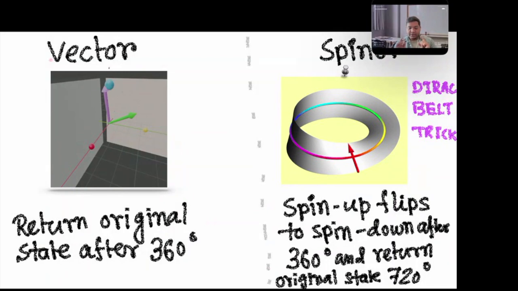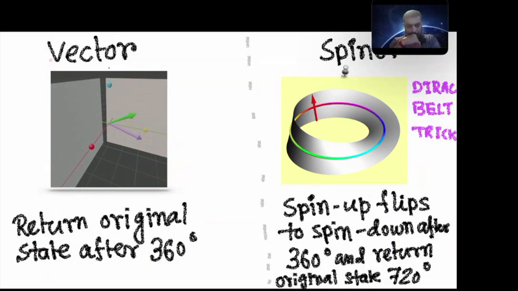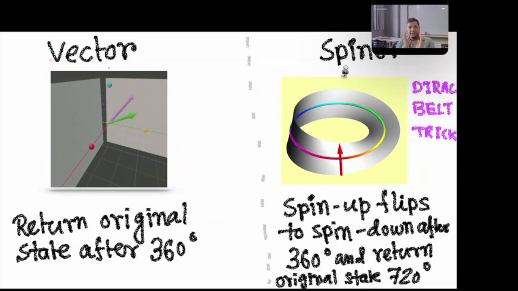When I'm talking about a vector, let's start from this yellow point. When it makes a 360-degree rotation, it comes back to the original position. Whenever we define any physical quantity, either scalar or vector, it is based on some transformation, and rotation is one such transformation.